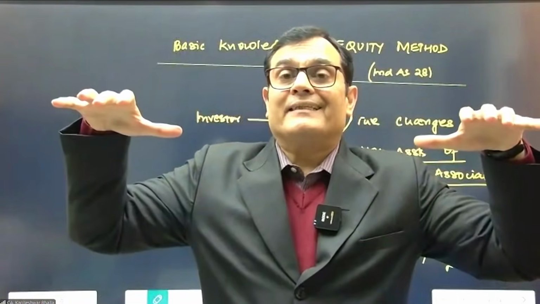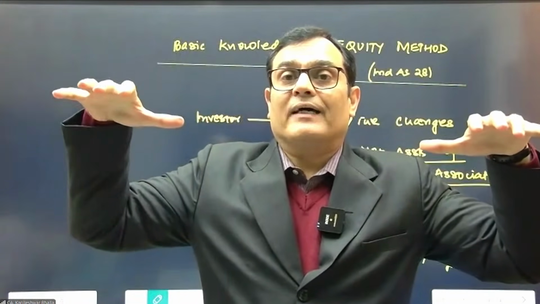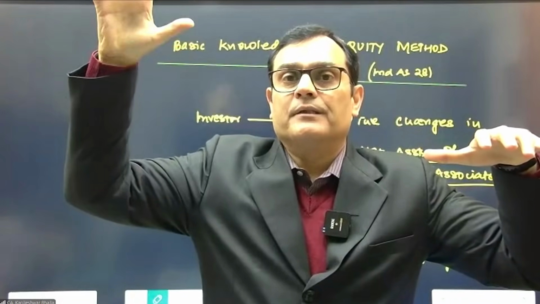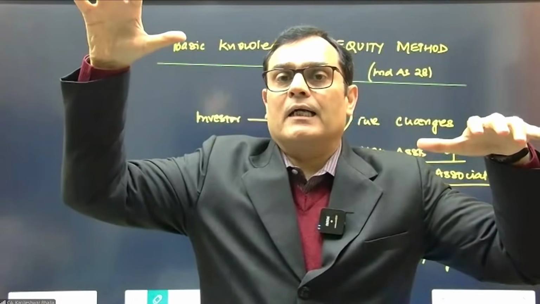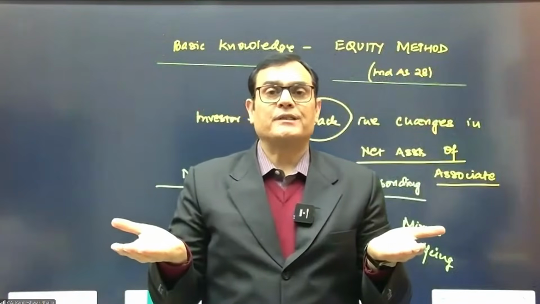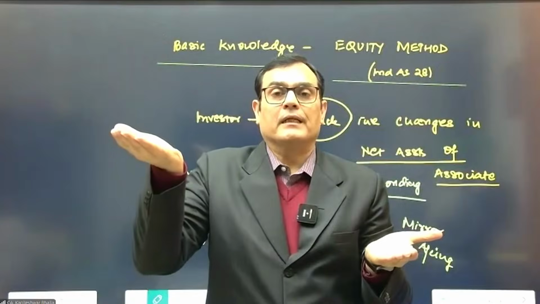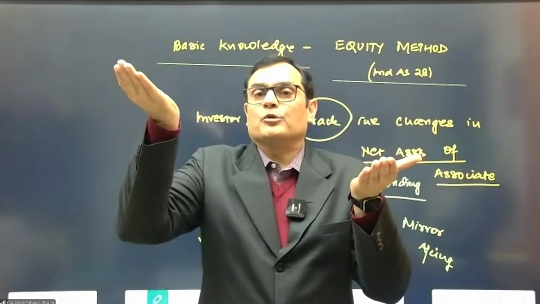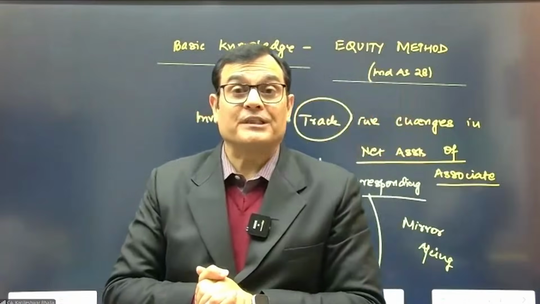Let's assume that the associate company revalues the asset. It would have given a credit to the OCI because of Ind AS 16. So I will also give a credit to OCI. If the associate company gives a credit to the P&L, I will also give a credit to the P&L. If they give a credit to the OCI, I'll also give a credit to the OCI.